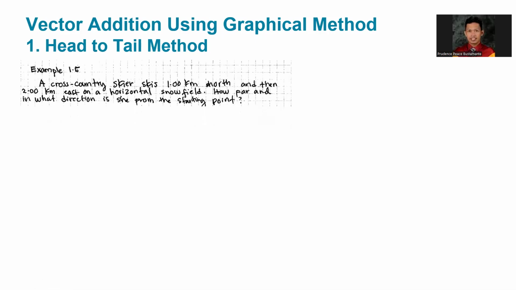You have a problem in example 1.5. In our previous example, we used the Pythagorean theorem and the sine and cosine law to answer the magnitude and direction of the displacement.